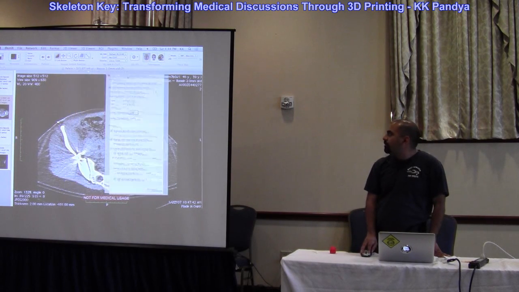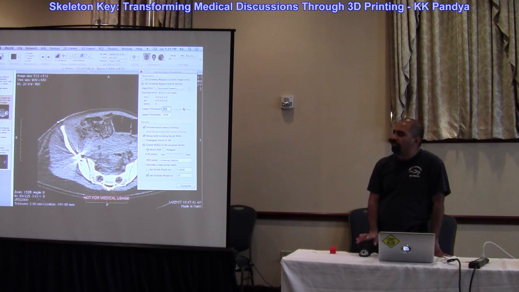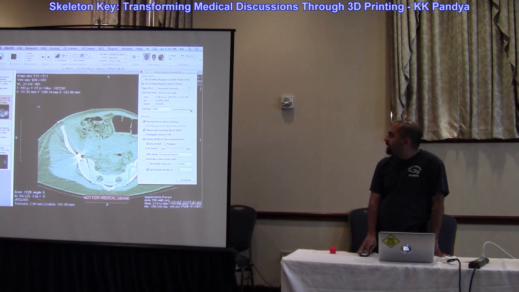And so here, this is in Osirix, which is just for Mac OS, released under an LGPL. I can define a region and pick a contrast ratio around it.